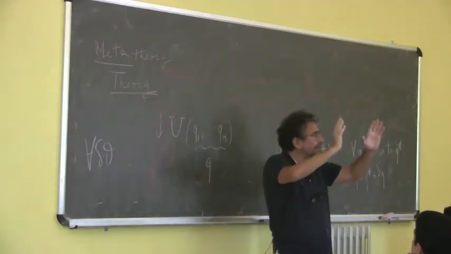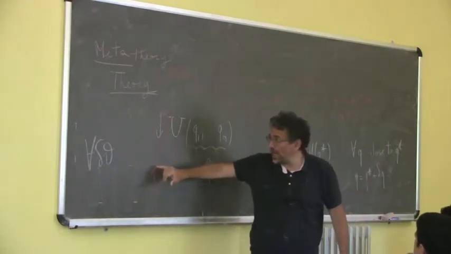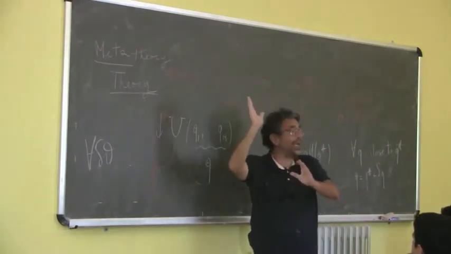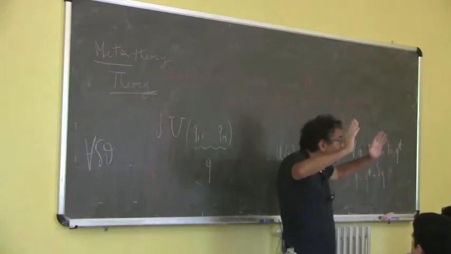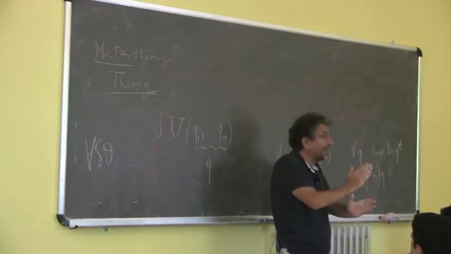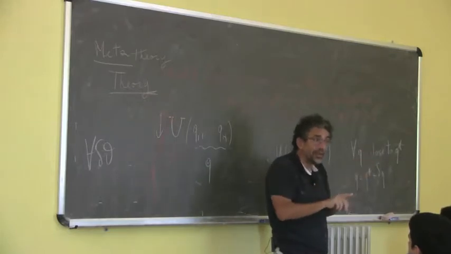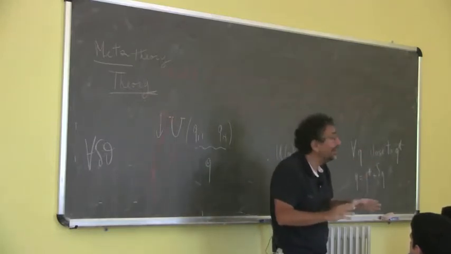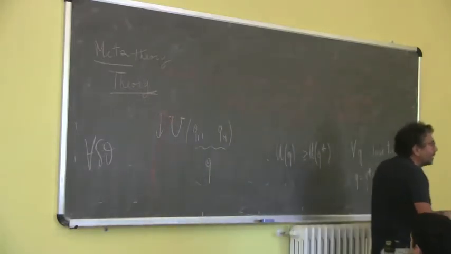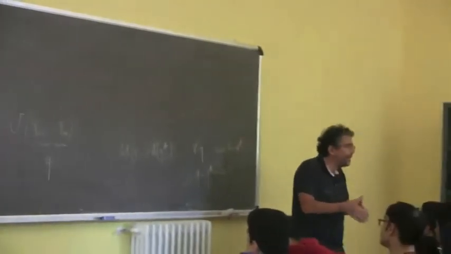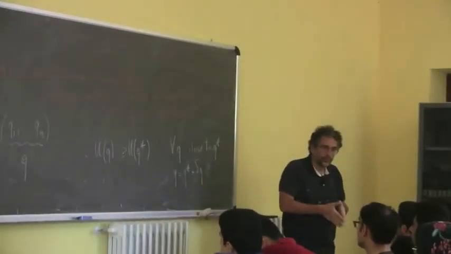You want to find this shape in such a way that there is a minimum of energy with the biggest possible angle. This is very important for the technology of building boats.